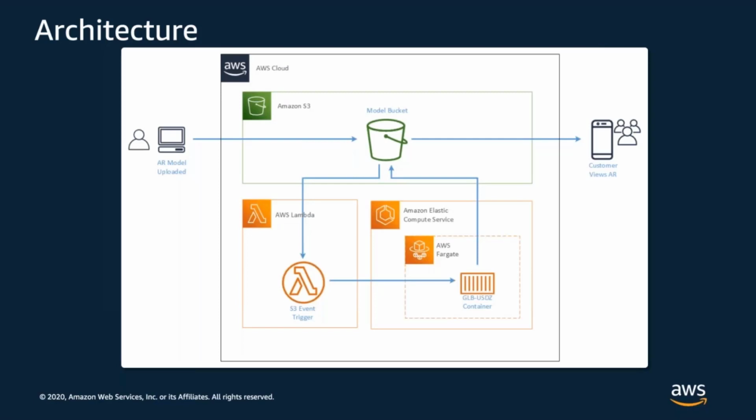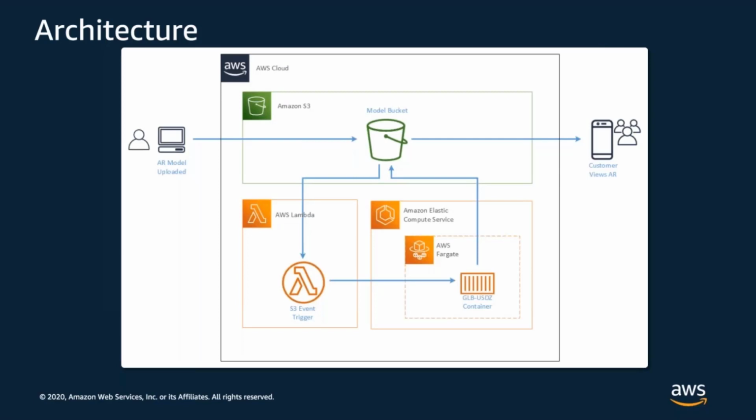This Lambda function will then start up a container. A container is a self-encapsulated package of software, and the container that we have for you is to convert the models. There are lots of different formats of these 3D models, and you need certain formats and certain perspectives for displaying them on your web page.